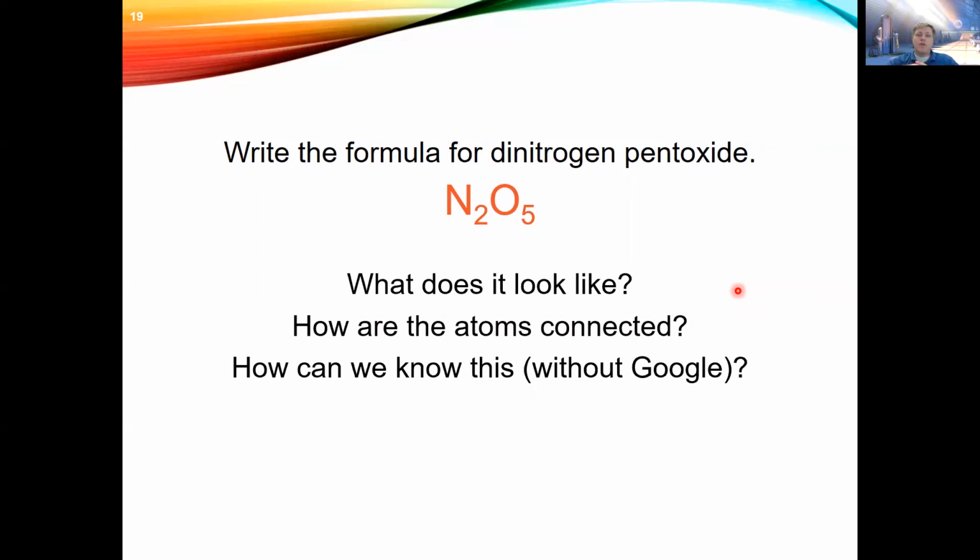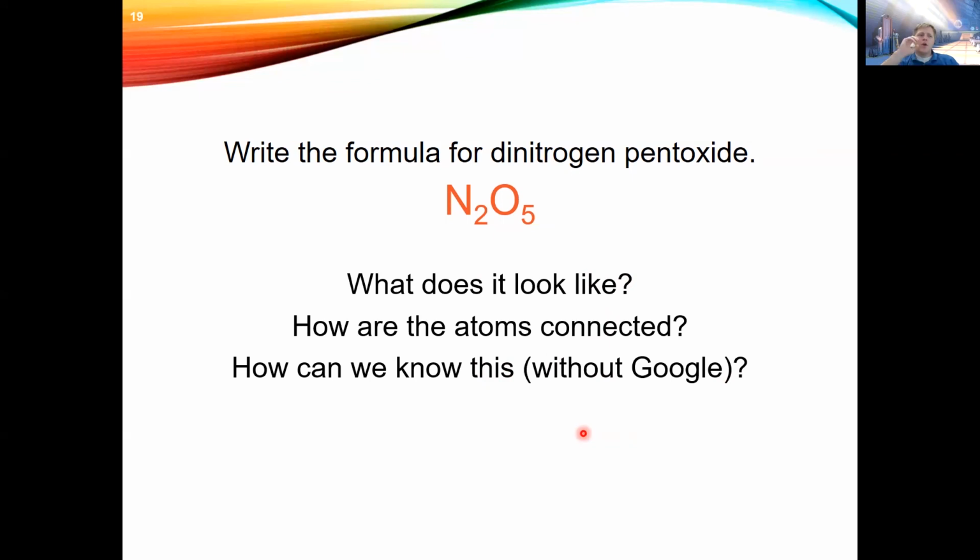You might have no clue to guess that. But we know that if there's 5 oxygens, there's going to be an unequal distribution maybe on the nitrogen. So maybe we have the 2 nitrogens with an oxygen in between, and then we have oxygen stuck on there. But how can we tell, how can we figure out what N2O5 is actually going to look like without just Googling the formula or Googling the structure of the compound?